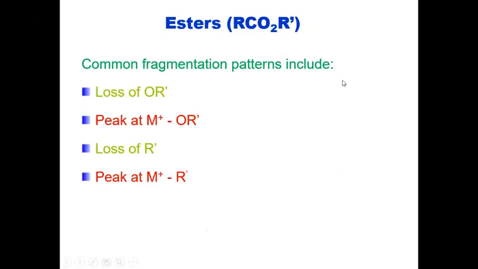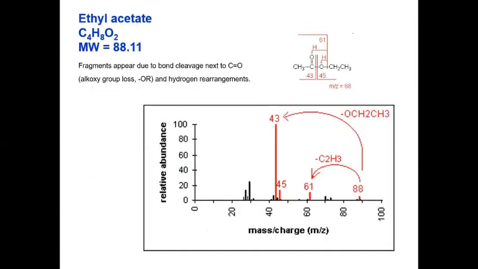Then ester: the presence of an ester in any compound can be determined by the loss of an OR' group or an R group from the molecular ion peak.